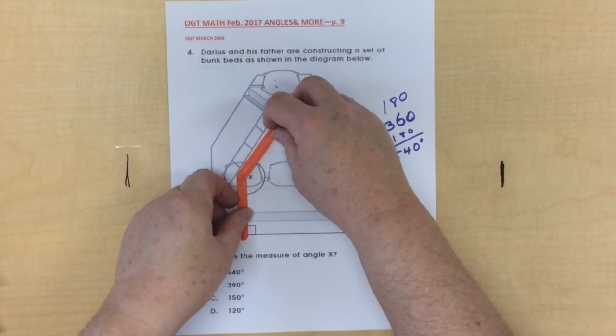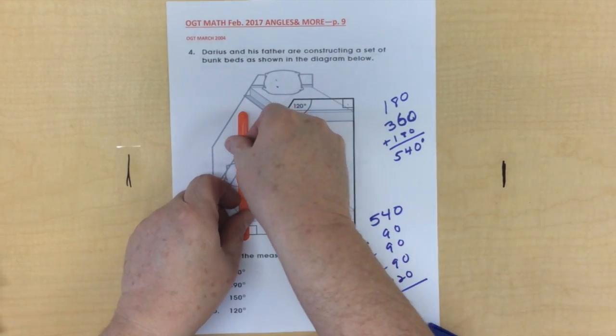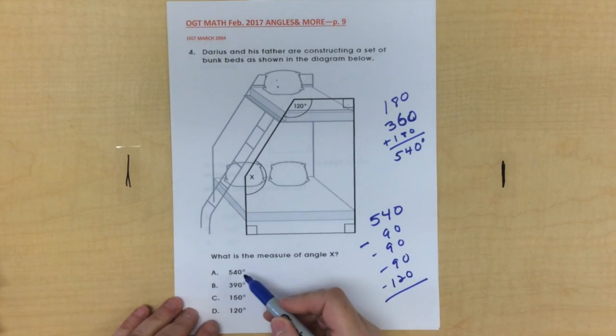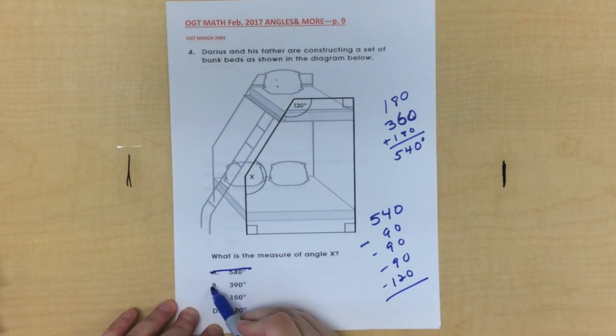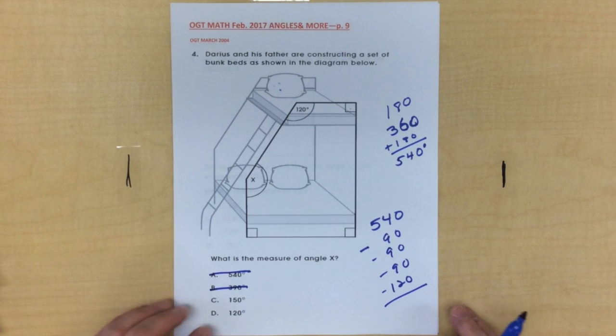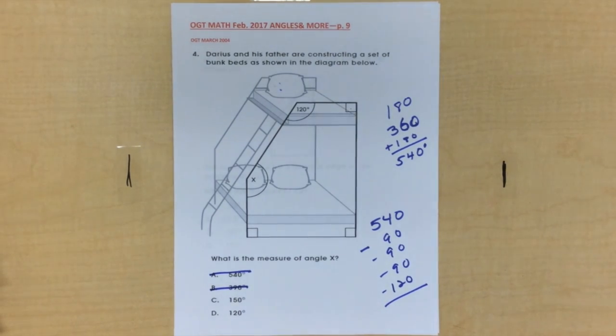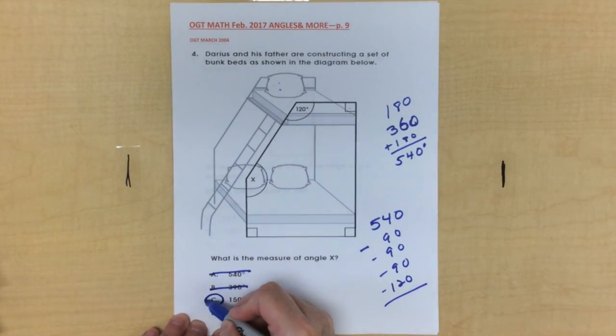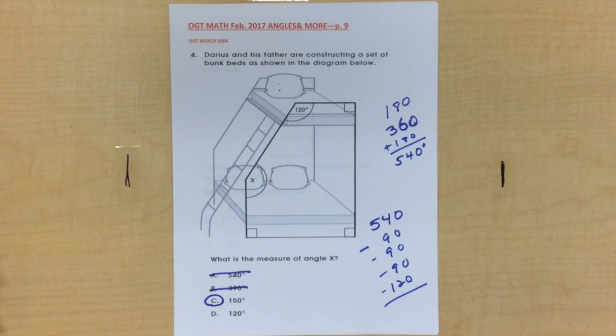Obtuse angles are more than 90, but of course it's not 180 or more than 180. This would not be the measure of an angle. These could be maybe the measures of a shape. So we're down to either 150 or 120. And if we do the math correctly, I believe we come up with 150 degrees. If you take 540 and subtract all that information, you do get 150.